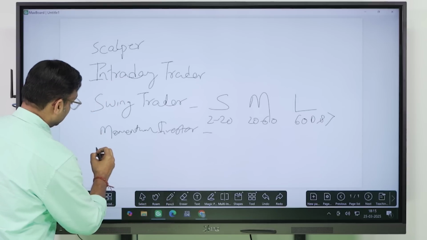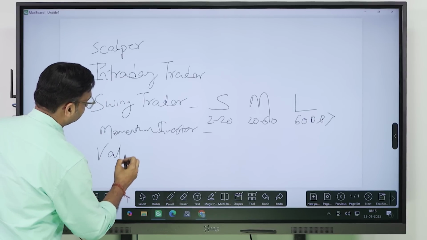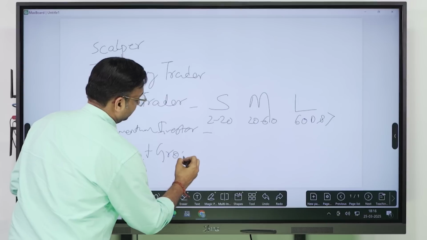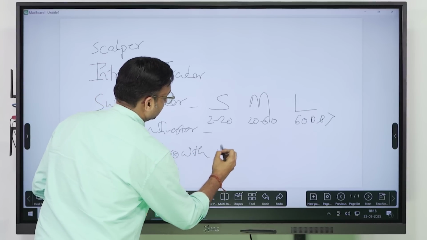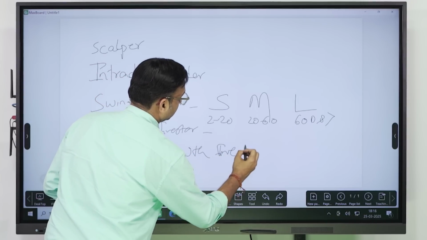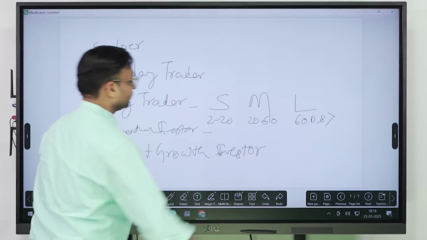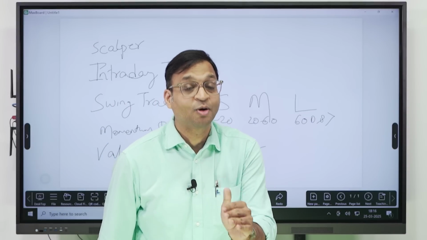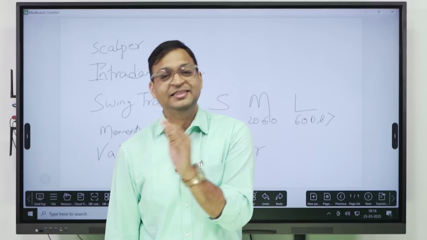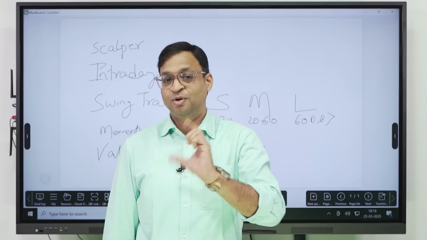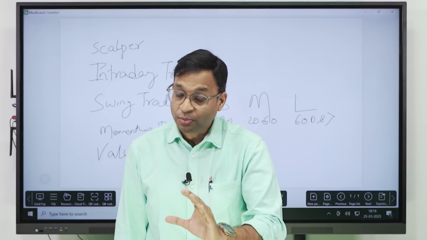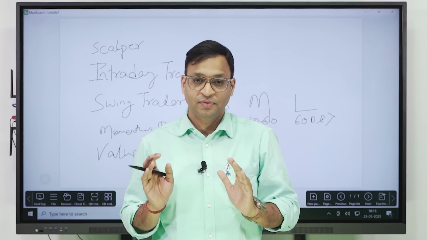And finally, you are a long-term value and growth investor. All right. There, you don't buy a stock price, you buy a business. Your relationship with the company is with the business of the company, not with the stock price, right?